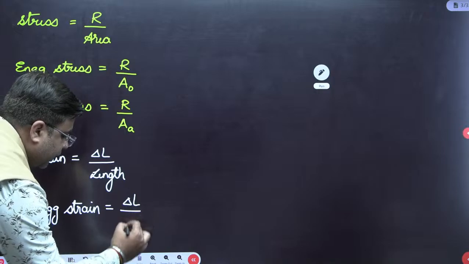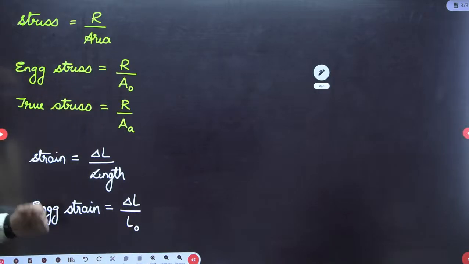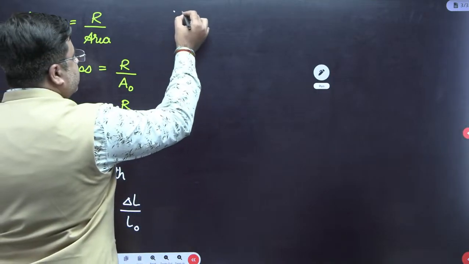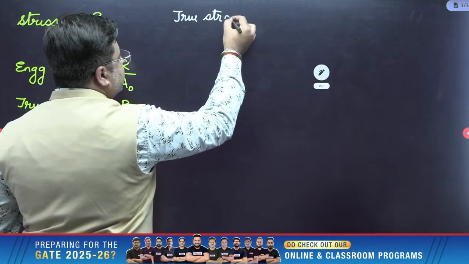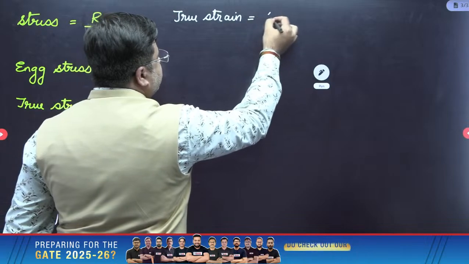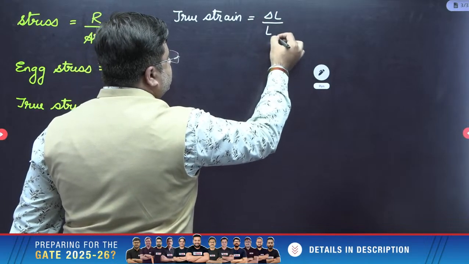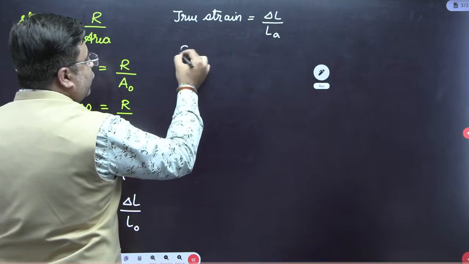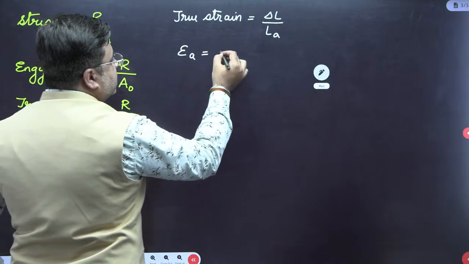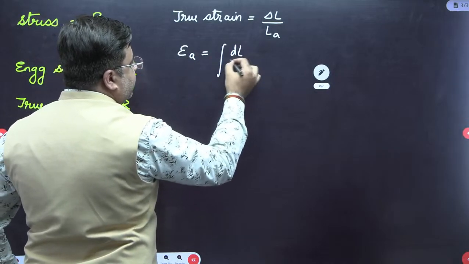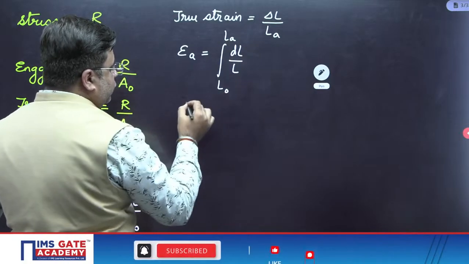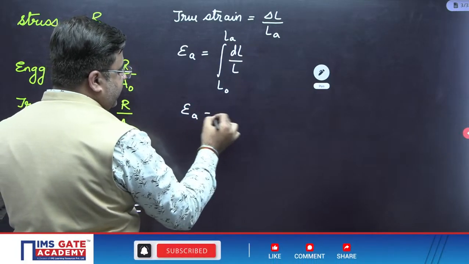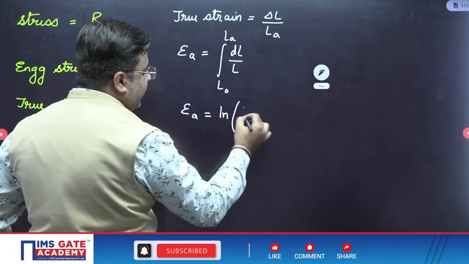And then you have the true strain. True strain or actual strain is equal to the change in length per unit actual length. There is one more expression for true strain, which is equal to the integration of dL by L, with limits from L0 to LA. That gives you one more expression for actual strain, which is natural log of LA by L0.